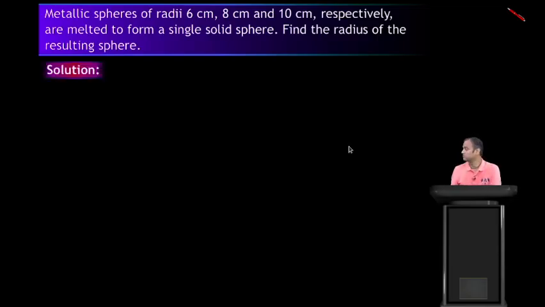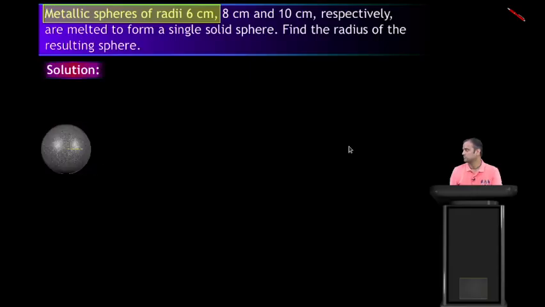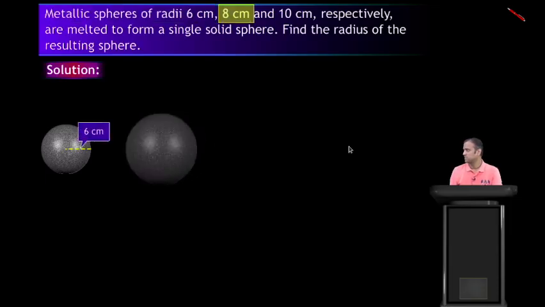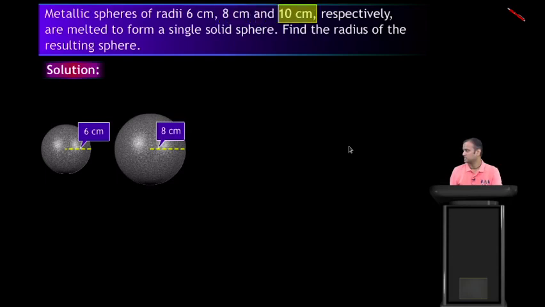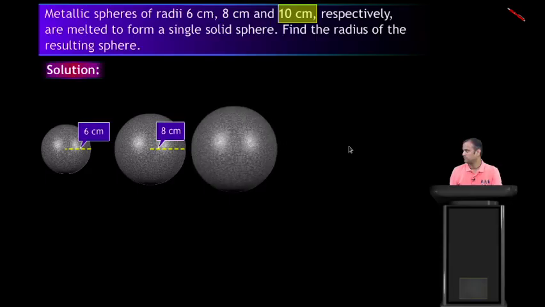Again look here. We are given that there are 3 metallic spheres. Here you can see one sphere, and its radius is 6, another has 8, and the next one has 10 centimeter. So we have 3 spheres whose radii are 6, 8 and 10.